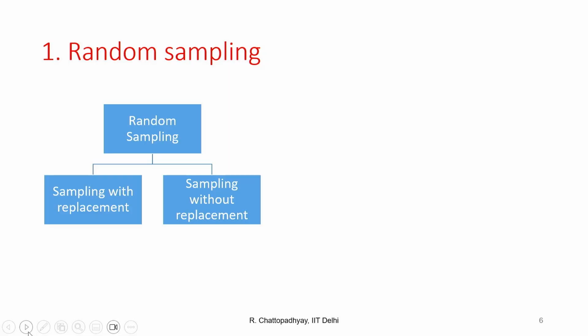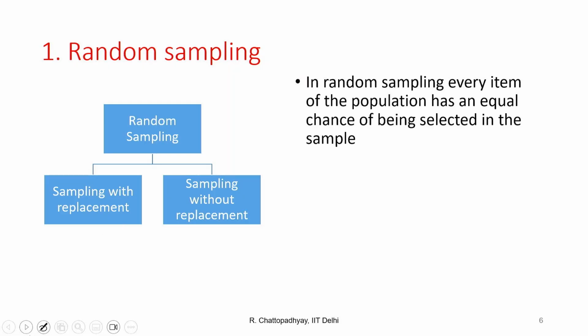Random sampling can be done in 2 different ways. One is sampling with replacement, and the other is sampling without replacement.